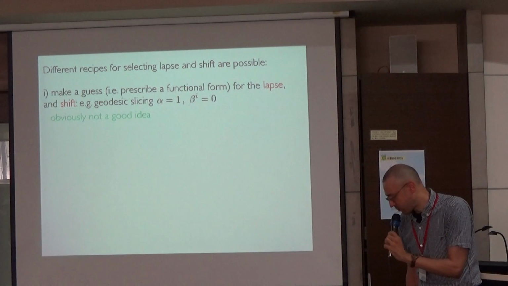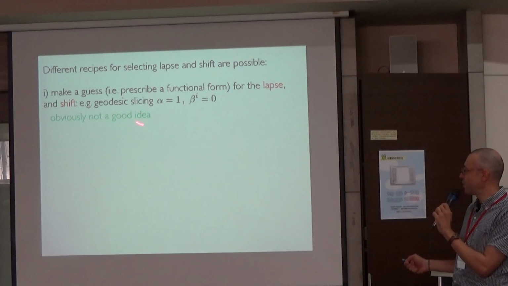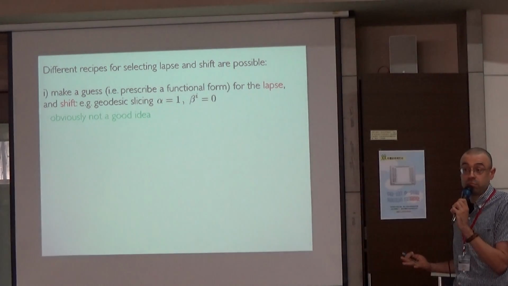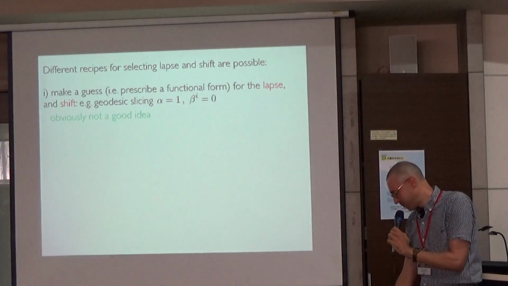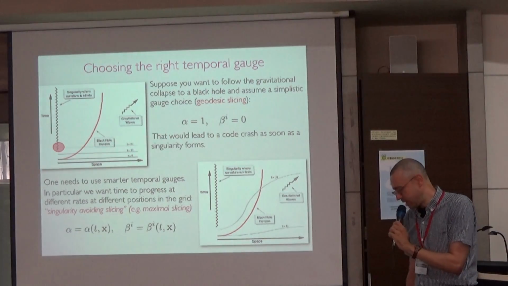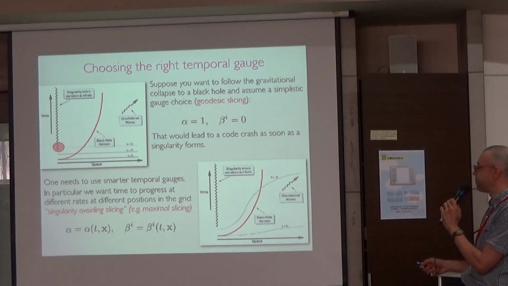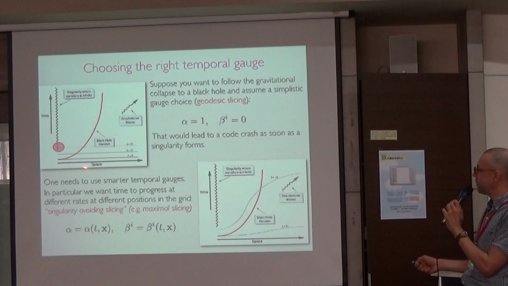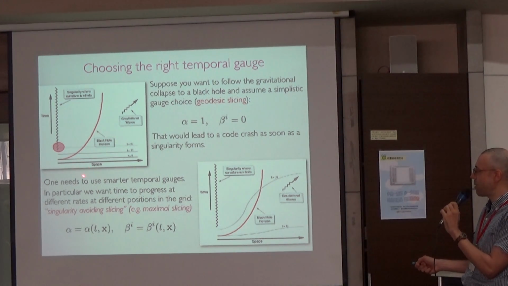And one would think that a very, very simple, straightforward idea is to take alpha equal 1 and beta equal 0. I'm sure you thought of that. However, that's definitely not a good idea. And I'll show it to you in this graph. Here you have a space-time diagram. You have space here and time here.